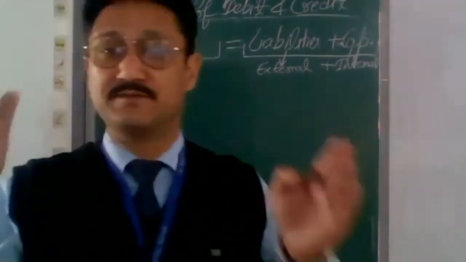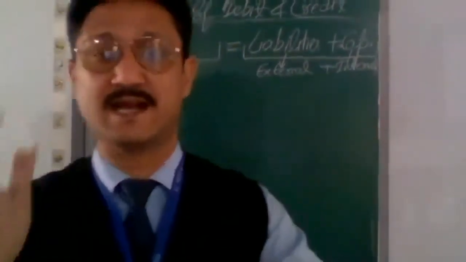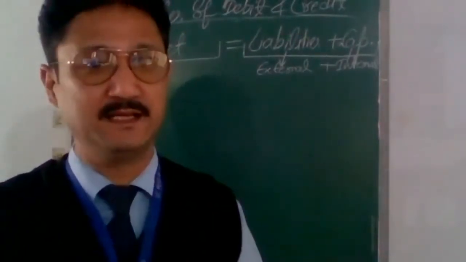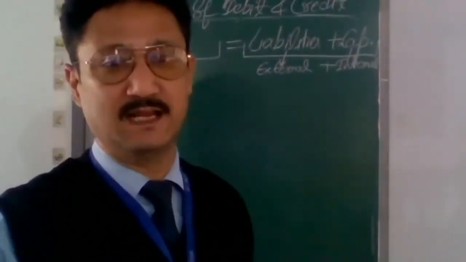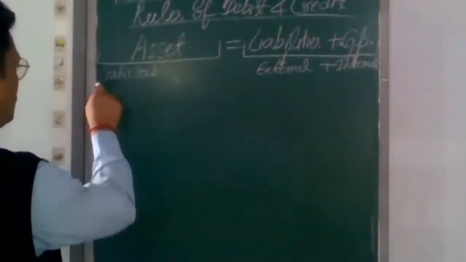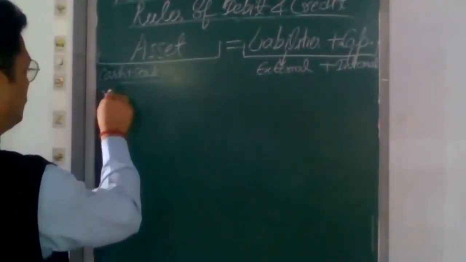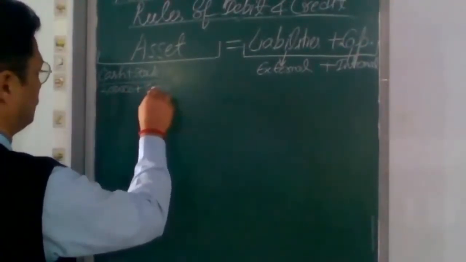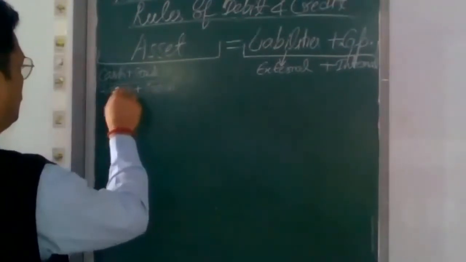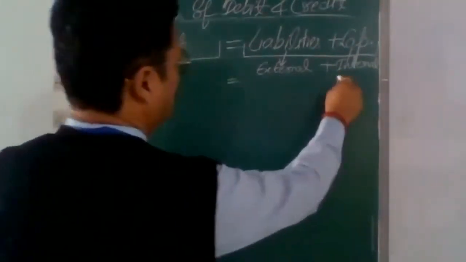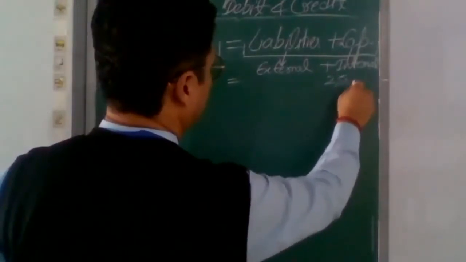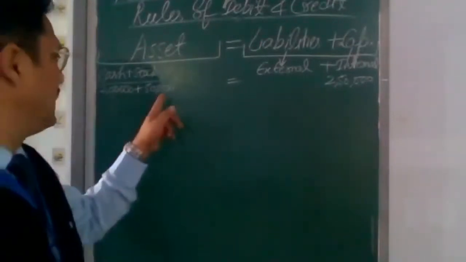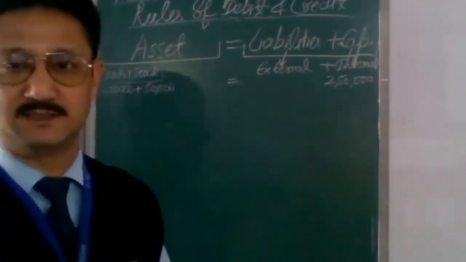And whatever is invested in the business at the beginning is termed as capital. So the same amount will be added to capital. 2 lakh cash and 50,000 for stock.